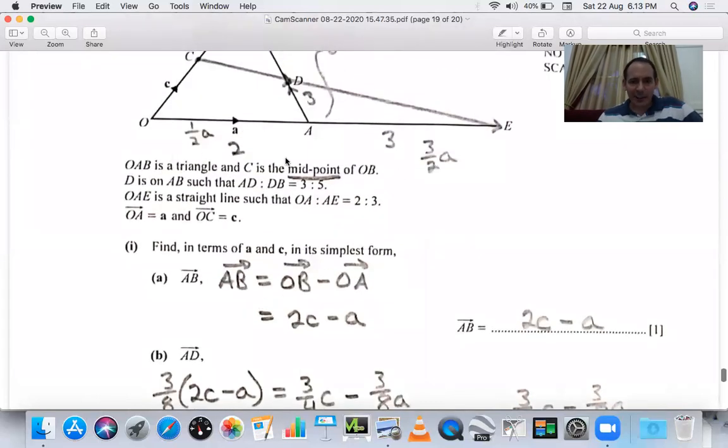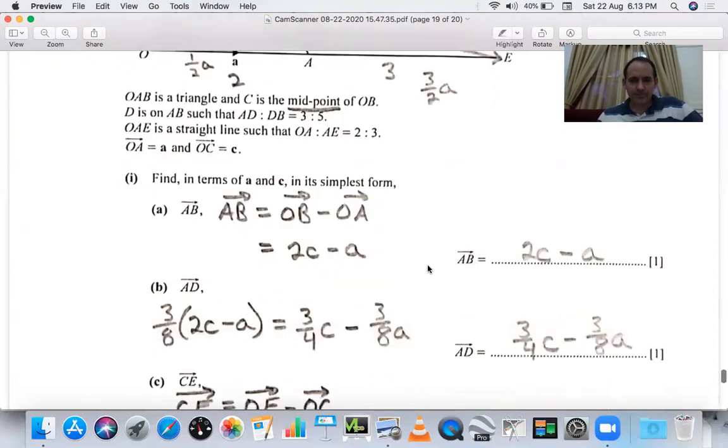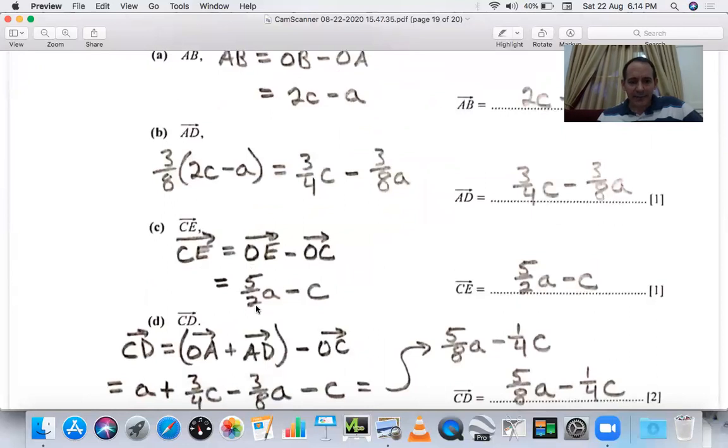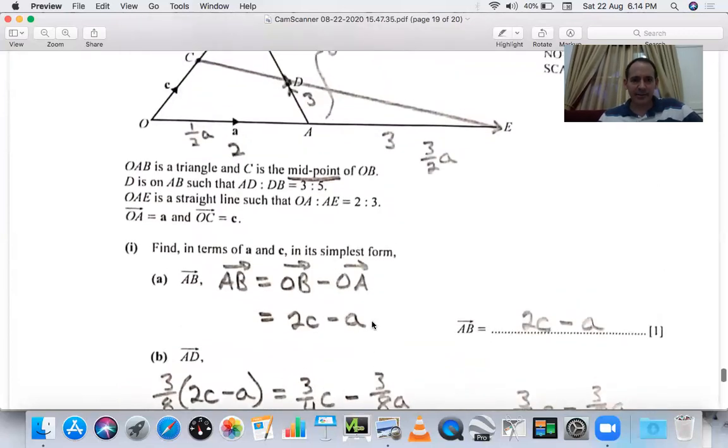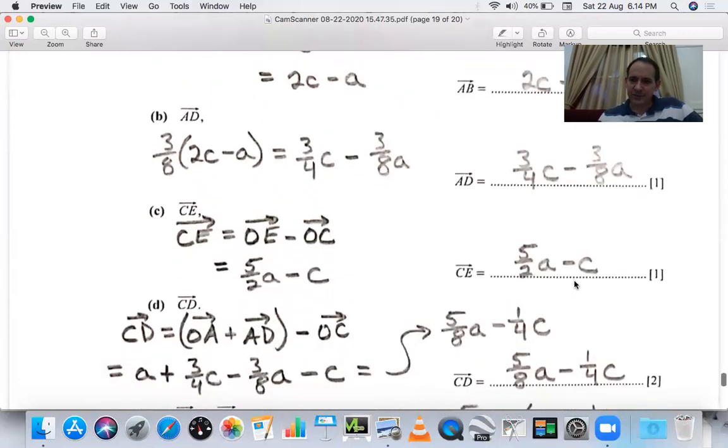OE is our 2 parts and 3 parts here. This is half A and half A make 1 A, and then from here to here is 3/2 A. So what we're adding is the A and the 3/2 A. So A and 3/2 A is 5/2 A minus the C, which is this one right here, and that gives us 5/2 A minus C.